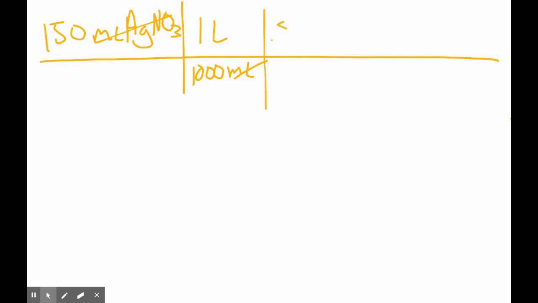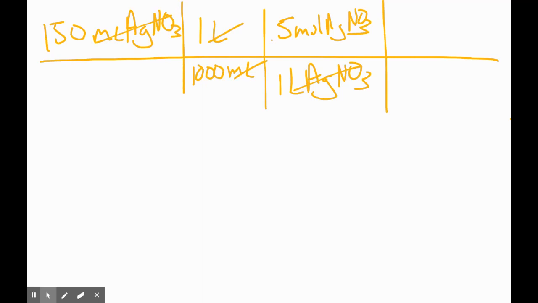So there are 0.5 moles of silver nitrate in 1 liter of silver nitrate. So liters cancels out and we're at moles. Then we're going to use the molar ratio to go to moles of silver chromate. So using the molar ratio, there are 2 moles of silver nitrate for every 1 mole of silver chromate that react.